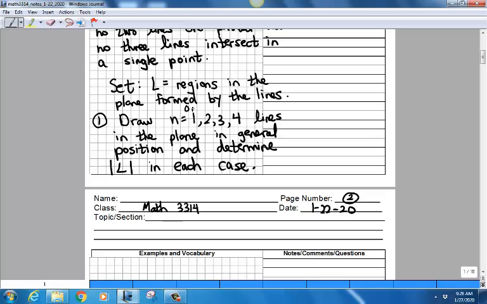See if y'all can get me an answer really quickly to those 4 cases. It's just a matter of drawing a few lines and counting. It doesn't really get hard until you get up to 4, but that's pretty easy also. The only thing hard is making sure you count the regions properly, so you might want to number them just to make sure that you get them counted right.